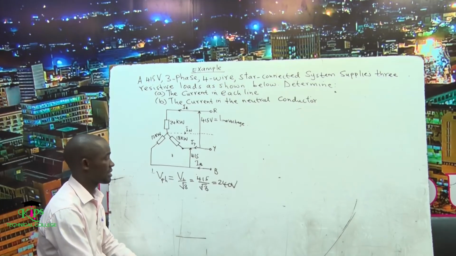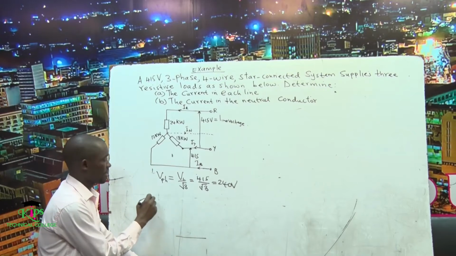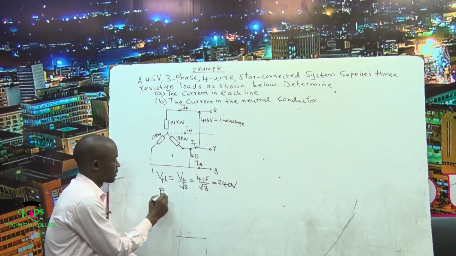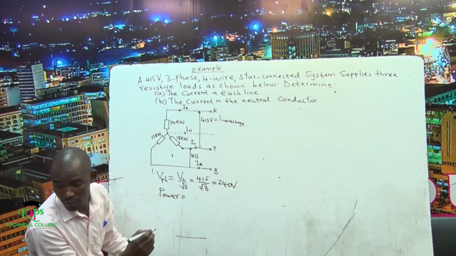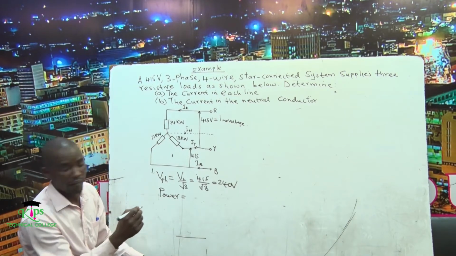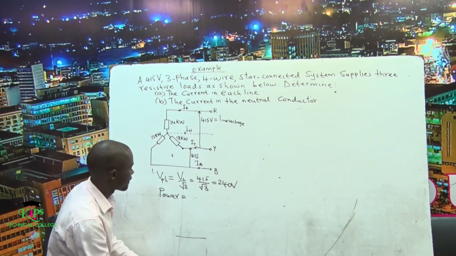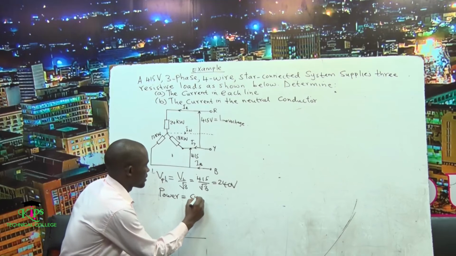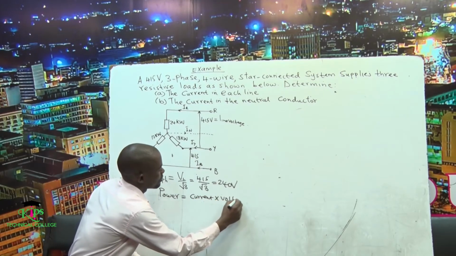After you have done that, you also need to know this formula: power is equal to current times voltage.